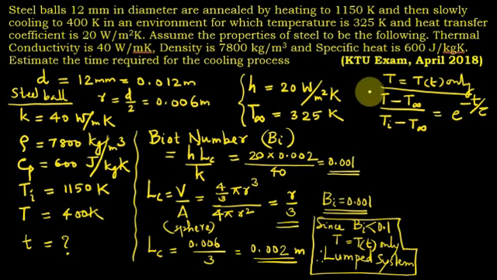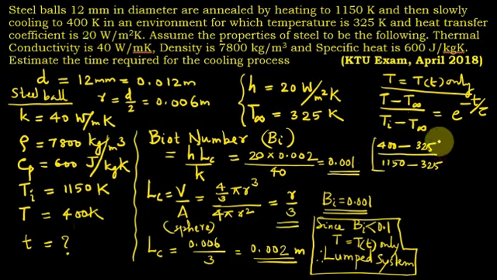So all this we will substitute now. What is the temperature after time t? We have written 400 Kelvin. So this is 400 minus T infinity, which is 325, divided by the initial temperature of the steel ball, 1150, minus T infinity 325.